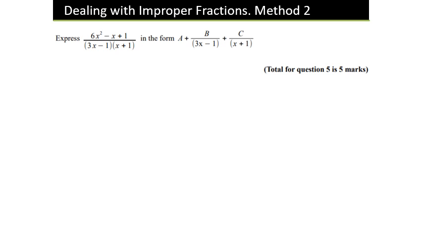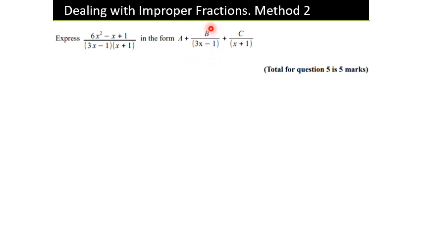So I'm going to use a method similar to the method you would have seen a couple of lessons ago. So my aim for the moment is going to be to write the right hand side of the question all over 3x minus 1, x add 1. So to be able to do that, I'm going to need to multiply this first fraction by 3x minus 1 and by x plus 1.